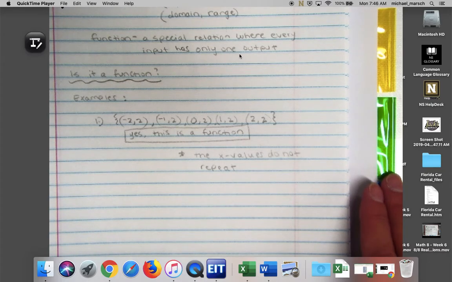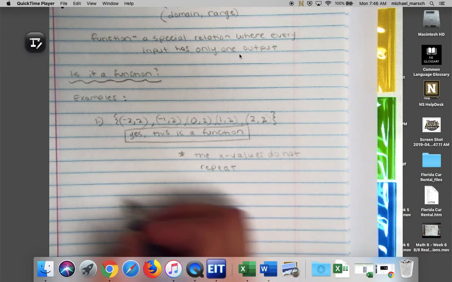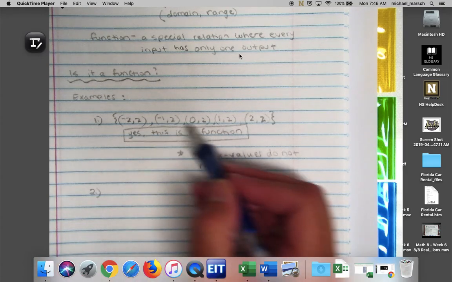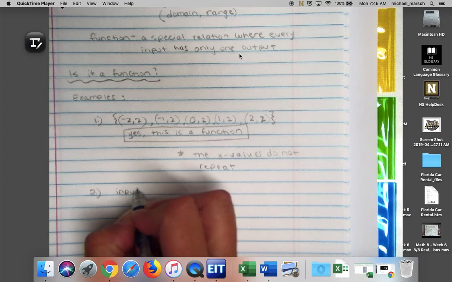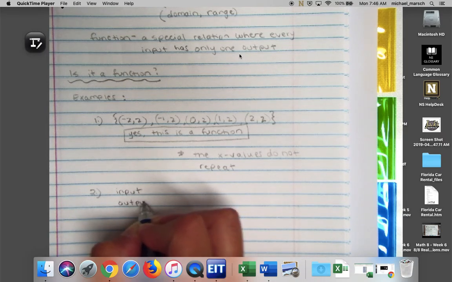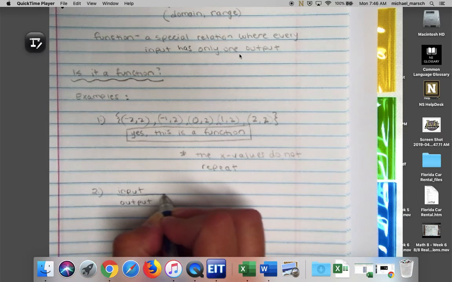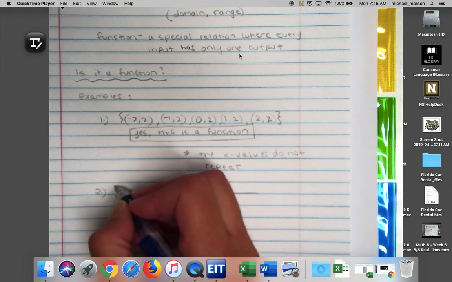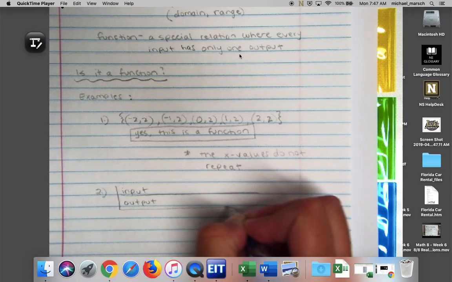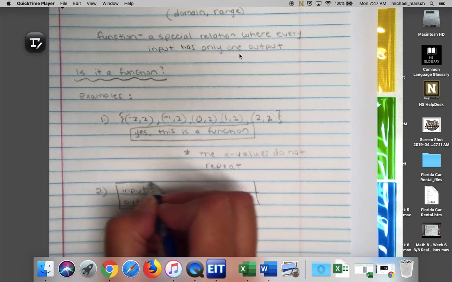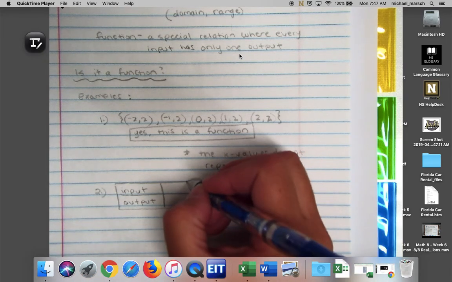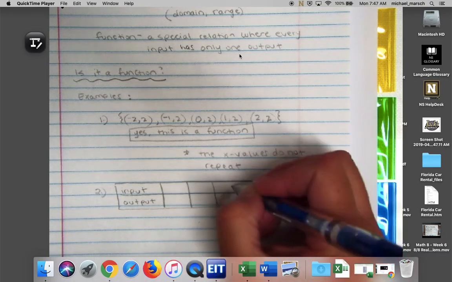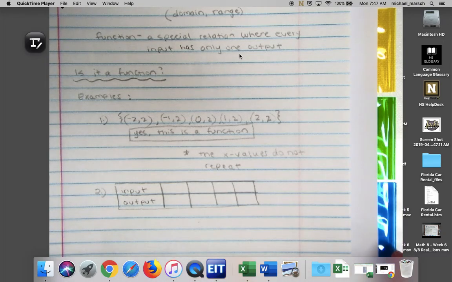Okay. So let's try another way of looking at this. So this relation was given as ordered pairs. Sometimes you'll be given a relation as a table. I apologize for my table drawing abilities, but there we go.